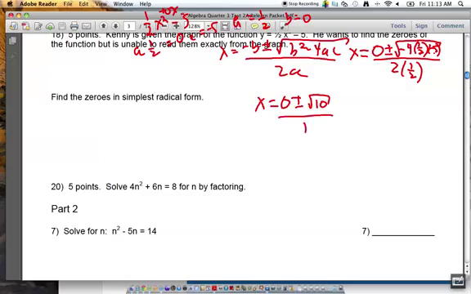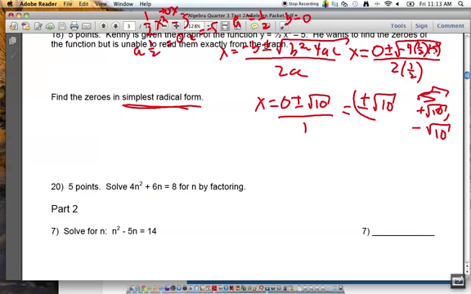But they said to simplify this or express it in simplest radical form. You can't stop here. First off, anything over 1 is itself, and 0 plus radical 10, 0 minus radical 10 is either plus or minus radical 10, or you could write plus radical 10, minus radical 10. Either way, this is a little bit quicker. It's the way I kind of expect to see it.